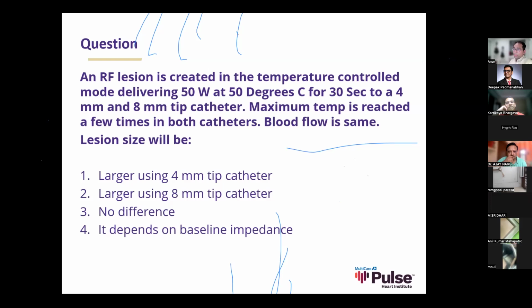As soon as the maximum temperature is reached, the RF generator will stop delivering the wattage, so that wattage will go down. Lesion size will be higher in the 8 millimeter or 4 millimeter catheter? This is a temperature control mode.